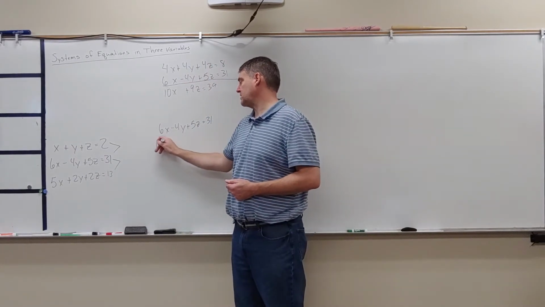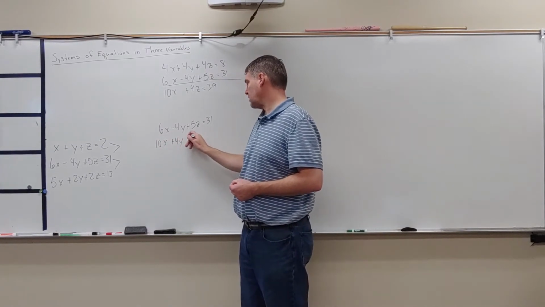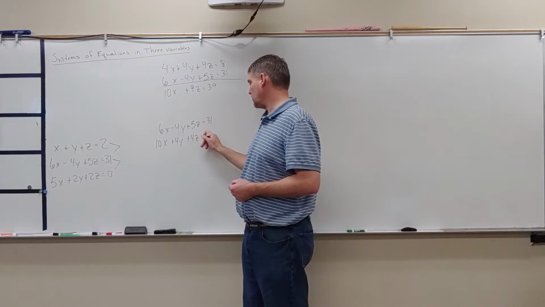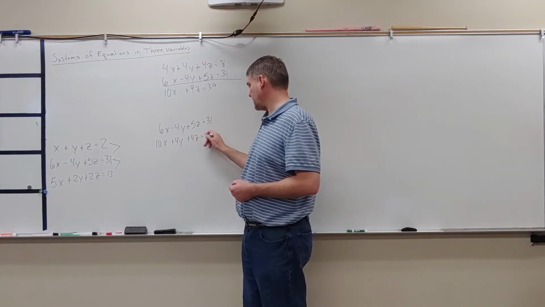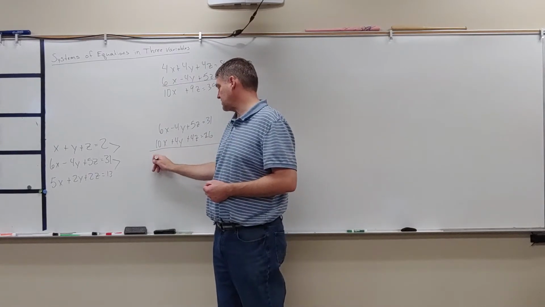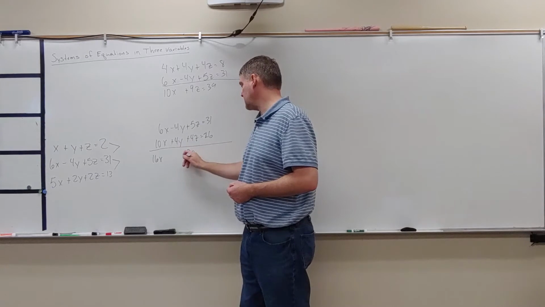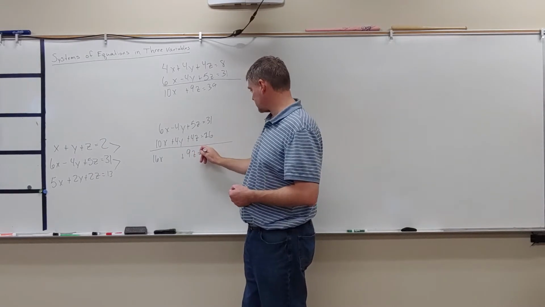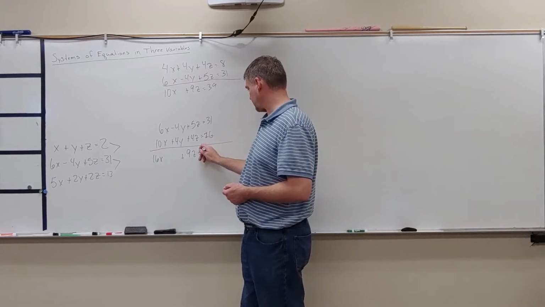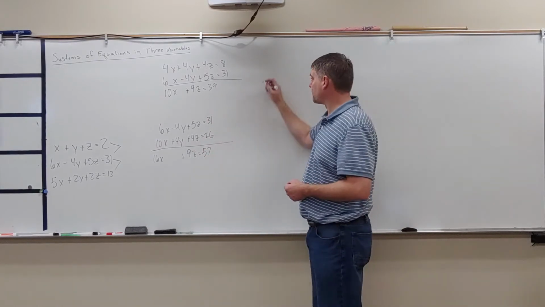So now I have 10x plus 4y plus 4z equals 26. Now I'm going to combine these. So now I have 16x, the y's go away, 9z equals 57.